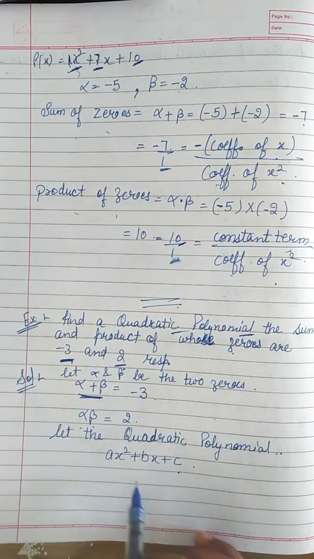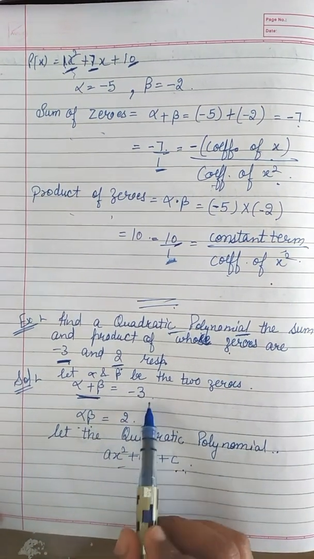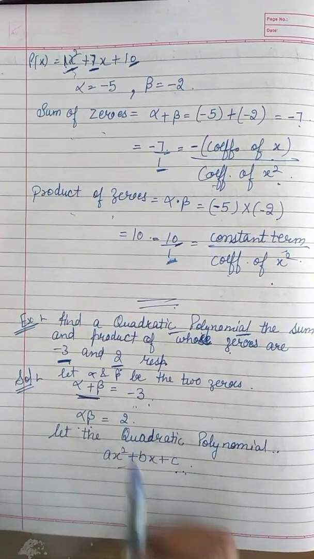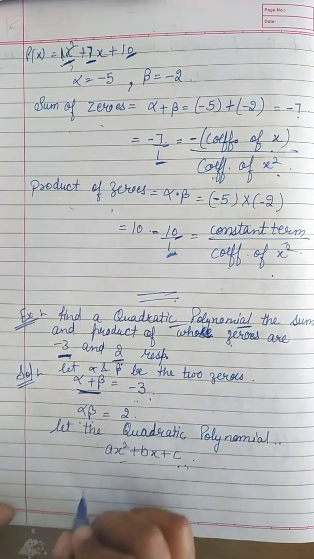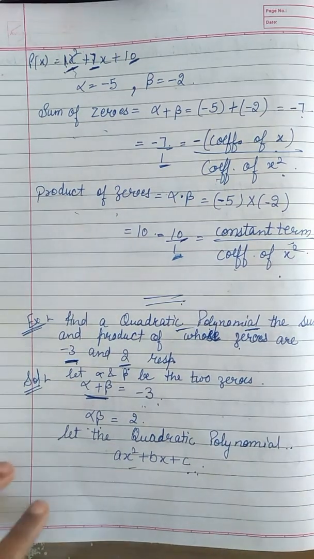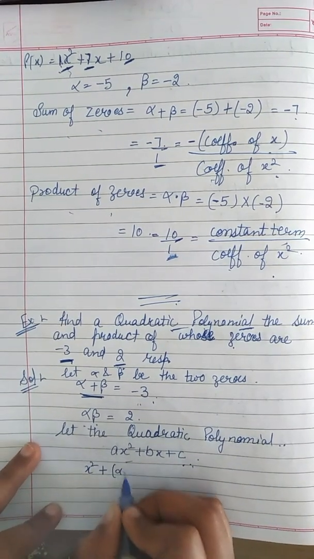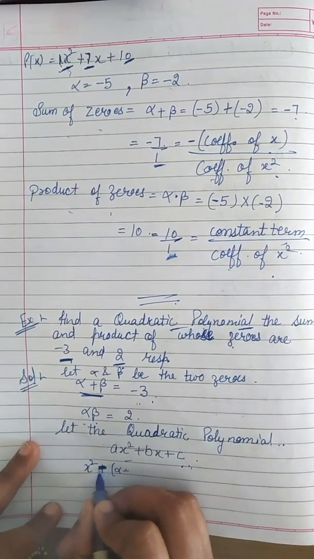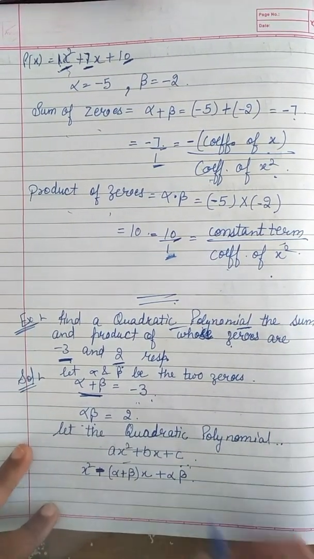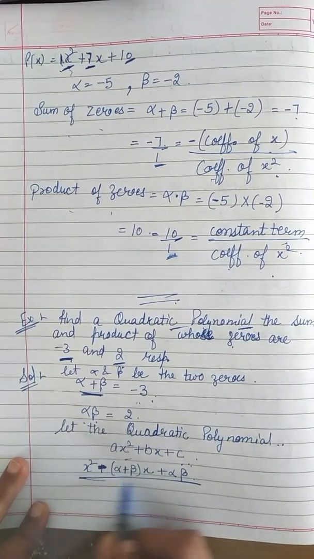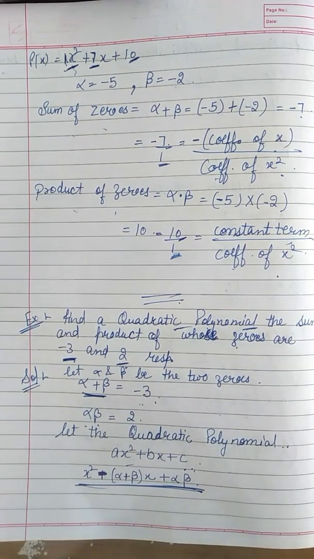So firstly we can write it in this way, and we have to find the quadratic polynomial, and the sum and product of zeros is given. So remember the formula: x square minus (alpha plus beta) into x plus alpha into beta. You have to remember this formula. Just put the values and you get the polynomial.